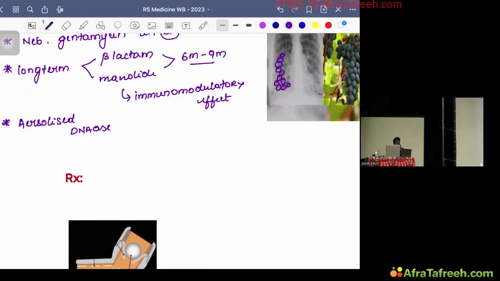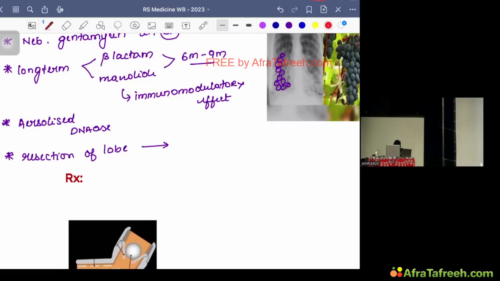What is this aerosolized DNAse? This is a mucolytic agent. Here in a bronchiectasis patient, there will be thick sputum production. To liquefy the thick sputum, you go for aerosolized DNAse. And you can go for resection of the lobe. If that is not working, then you can go for lung transplantation.